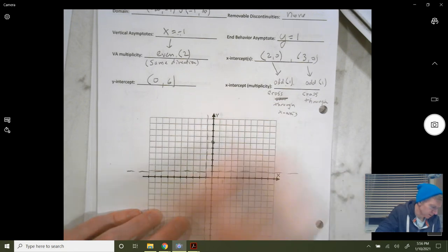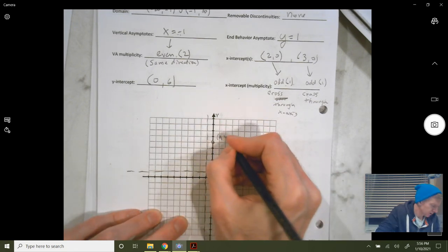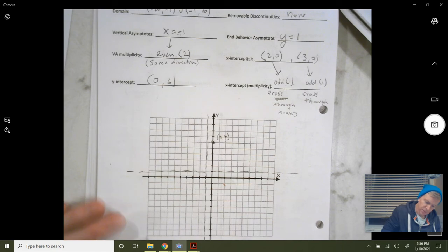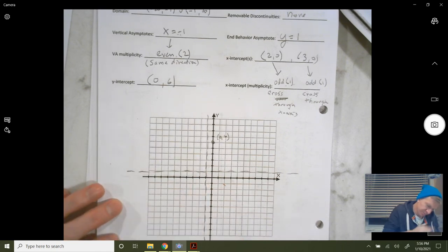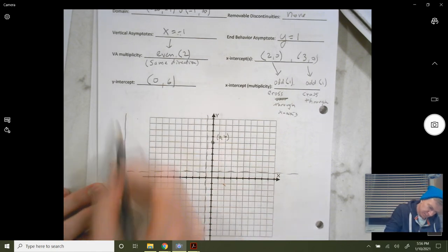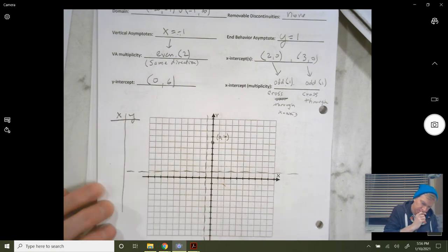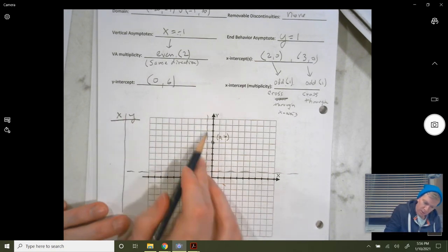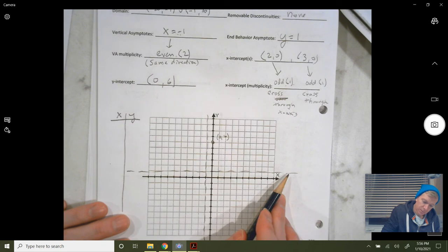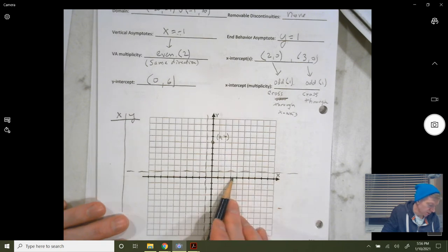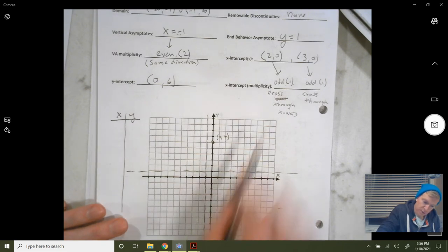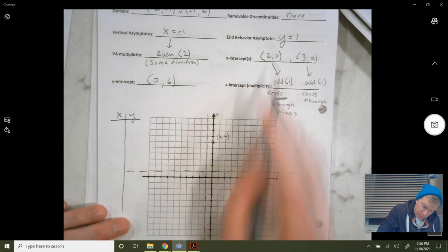Let's pick some values to the left and the right of here. It looks like you're going to go up here. There are 2 x-intercepts at (2, 0) and (3, 0).